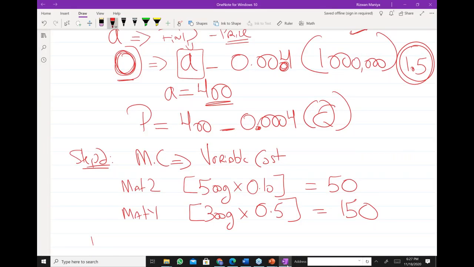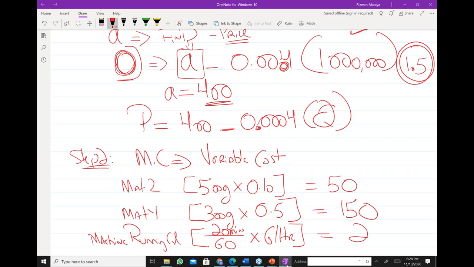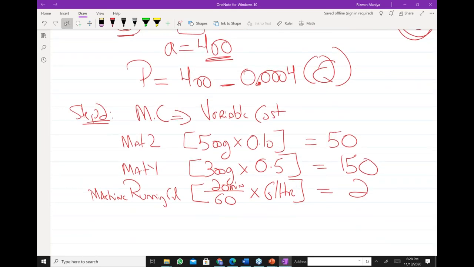So machine running cost, 20 minutes, I'll divide this by 60 to convert this into hours. 20 divided by 60 multiplied by 6 per hour is the absorption rate. So that makes 2. Are you getting the point, guys? This is a variable cost, and this should be considered, right?